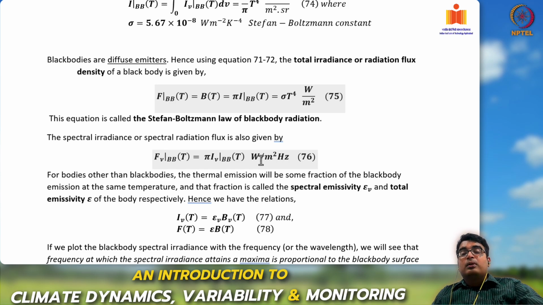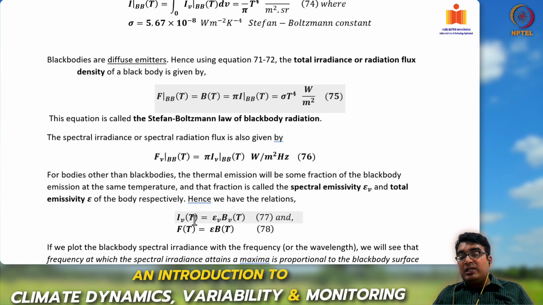Now, for any other surface, because the thermal emission will be lower than the black body thermal emission, we can use a factor, emissivity epsilon, to express the emissions of non-black body surfaces. We can write it in terms of the spectral emissivity epsilon nu, which goes in front of this term here.